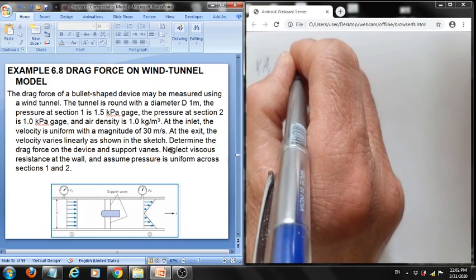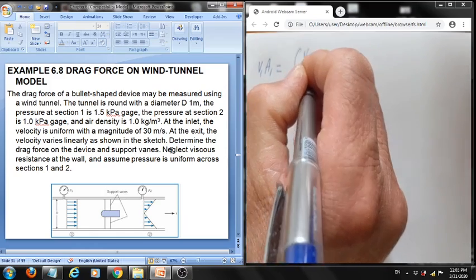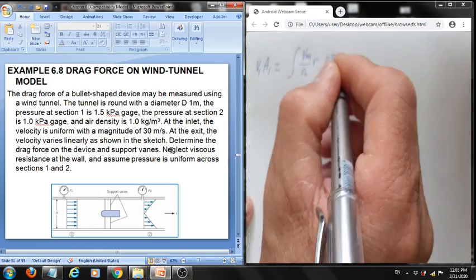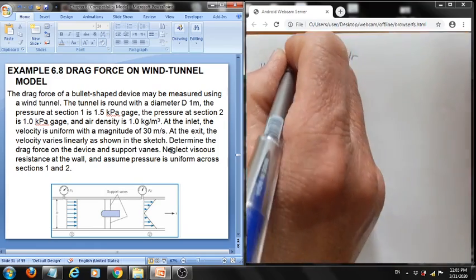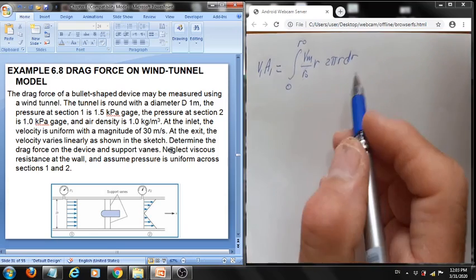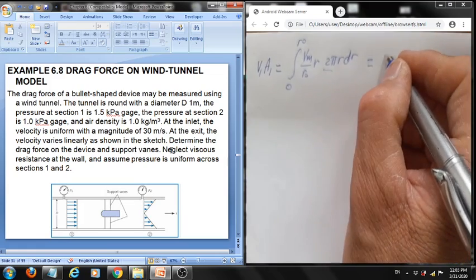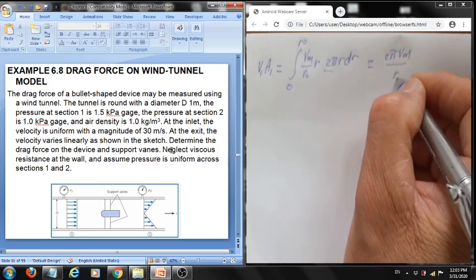the integration. Now we substitute for the velocity profile, which is Vm over r naught r, and instead of the dA we substitute the 2 pi r dr, for r values from 0 to r naught. Okay, observe that Vm and r naught are constant, so is the 2 pi obviously, so this becomes 2 pi Vm over r naught.